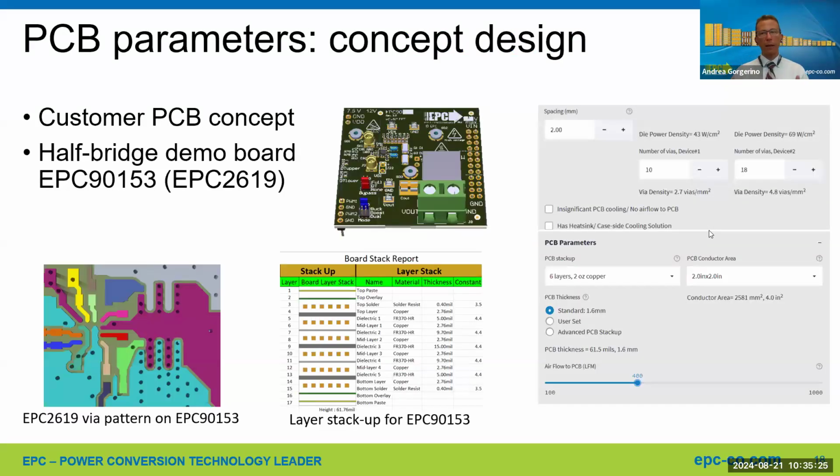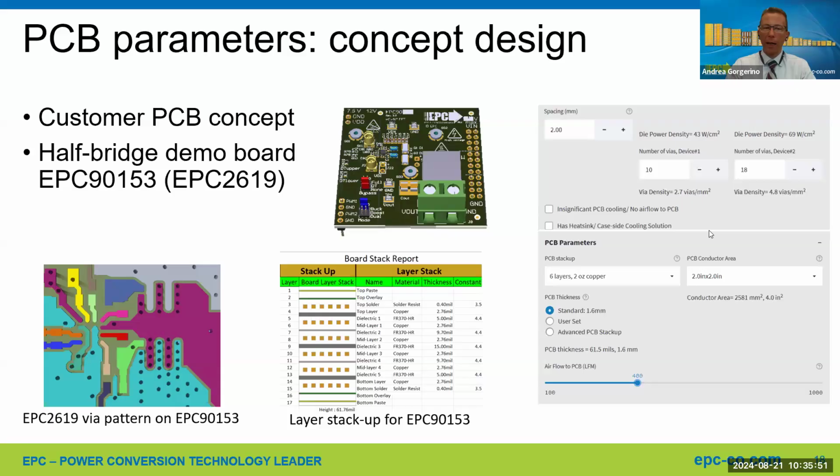So once you have that, then you need to define the thermal concept. So here in this example, I'm only going to do PCB cooling first, but you have similar set of questions in case you want to use a heat sink. So in our case, we're going to start with the PCB information. So of course, if you already have a fairly detailed PCB concept yourself, you can use that information.